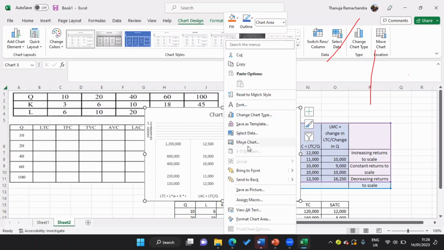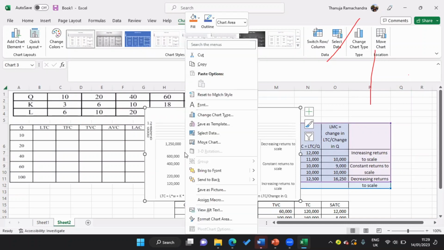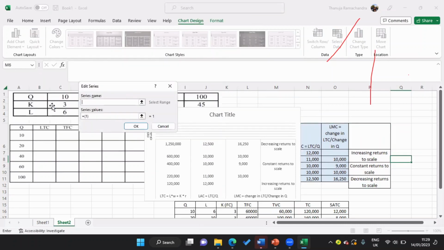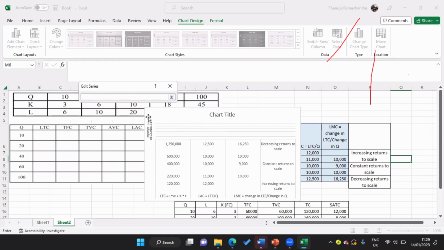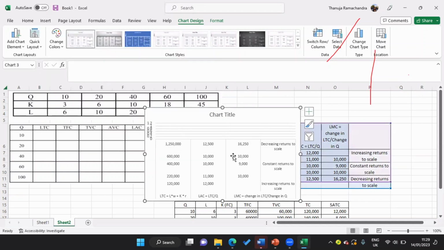Change chart data. This is for the vertical axis. Now, for the vertical axis, we put both costs, isn't it? Series one is what? The pattern also needs to go for a different one.